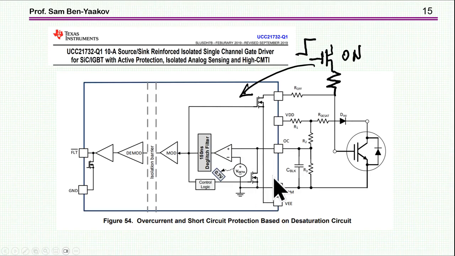In this particular case, we have this terminal here, the overcurrent, and a comparator connected on this side to 0.7 volts, fairly low voltage, such that if the voltage at this OC is higher than 0.7, this will be activated and will turn off the outside transistor that is feeding. We'll turn it off.